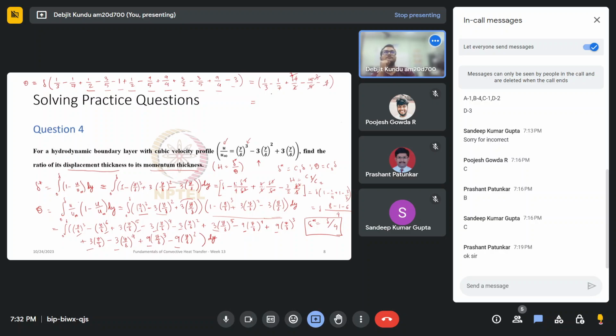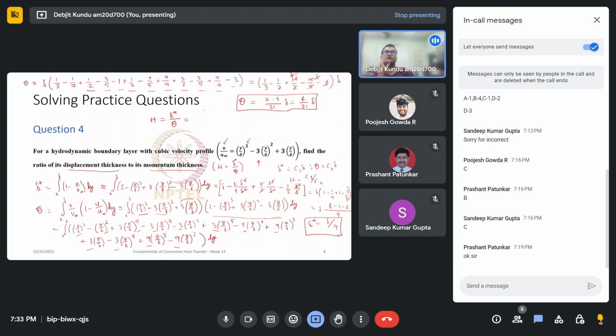So all that is remaining is 1 by 3 minus 1 by 7. So this is 21, 7 by 3, 7 minus 3 into delta, which is nothing but 4 by 21 delta. So we have it now. So now the shape factor H equal to delta star by theta.